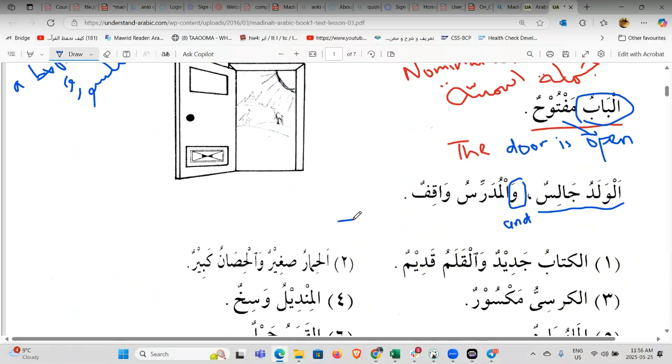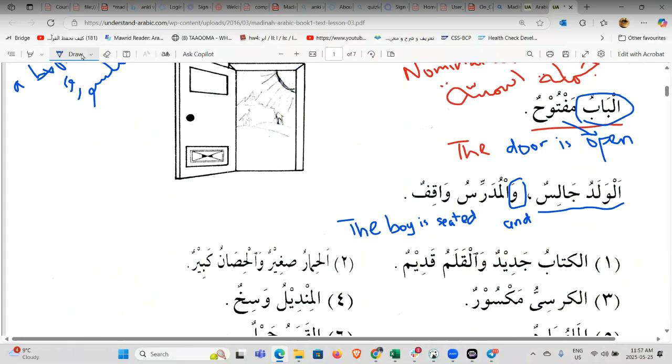The boy is seated. Let me know if this pace is too slow. I can speed it up. So the boy is seated in blue.